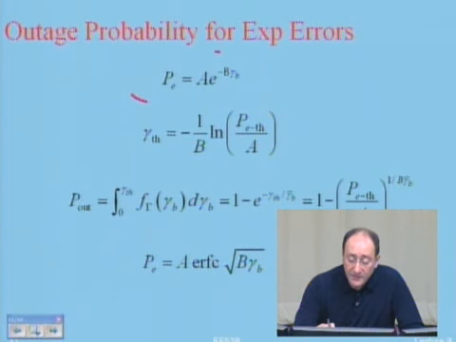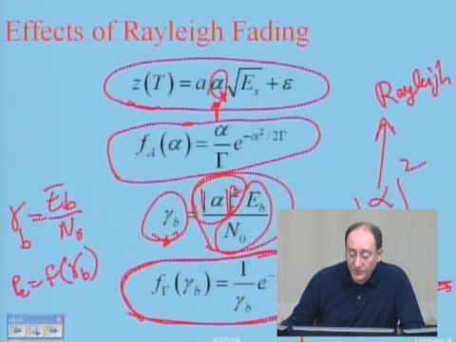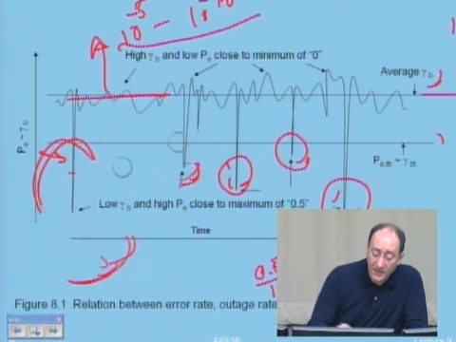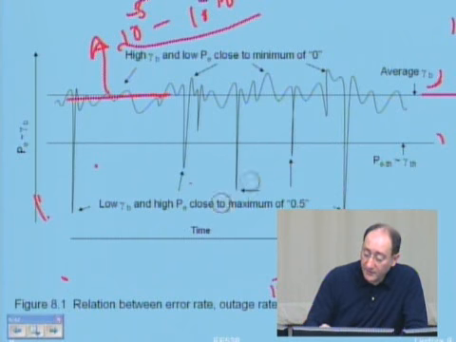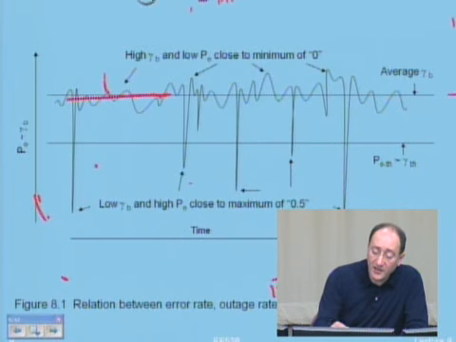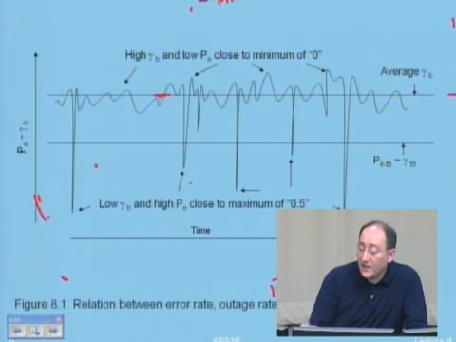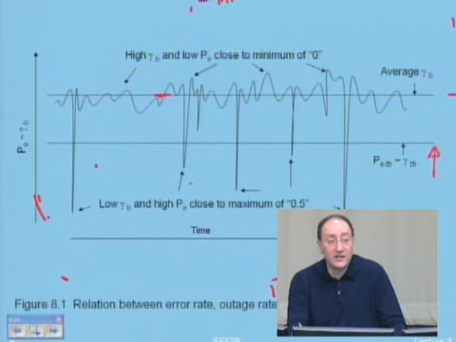I have shown you this one in here. The physical meaning of the probability of outage is this: I have the signal going up and down, and then I have a threshold like this. How do I define the threshold?